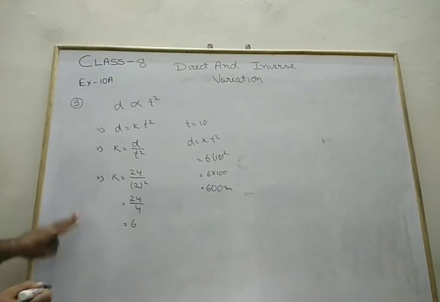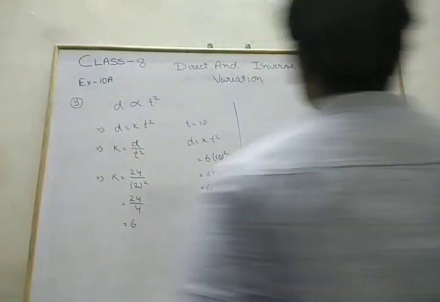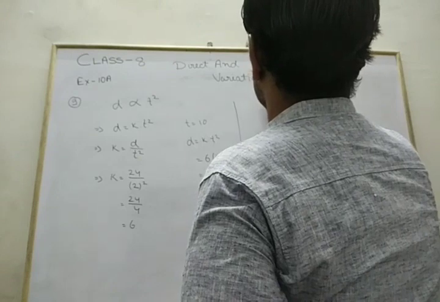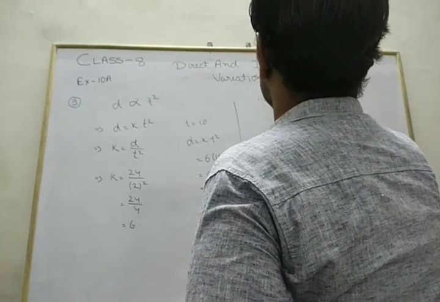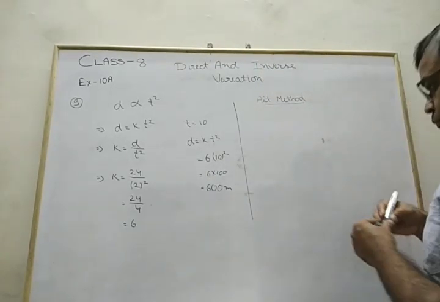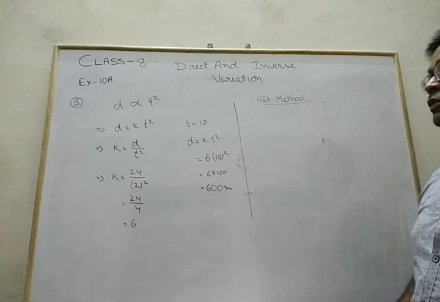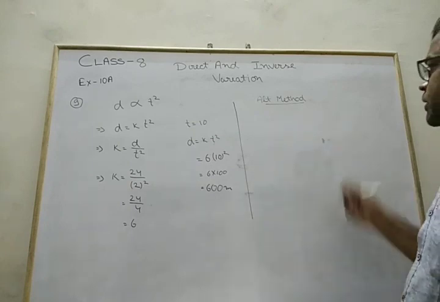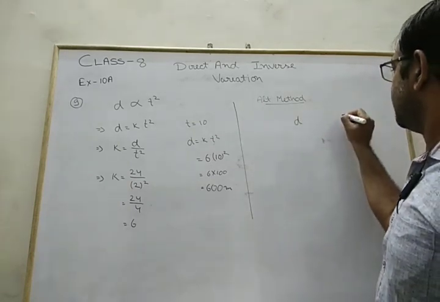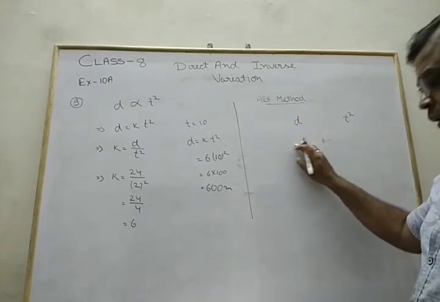Now, if we solve the same question by using the alternative method, then what happens? Let's check. In this question, we must be careful about the values. What is given, we must choose as d and t square.